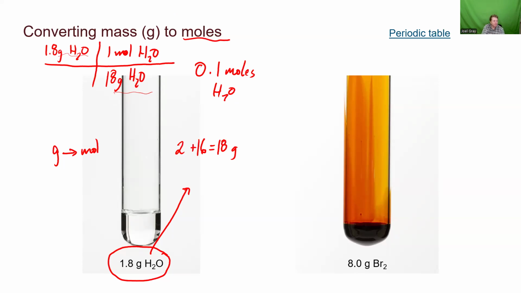If you look on the periodic table, you see Br is approximately, I'm going to round up to 80, 79.994. So 1 mole of Br is 80 grams. Okay. Now, if that's the mass of 1 mole of bromine, and bromine is Br, what's Br2?